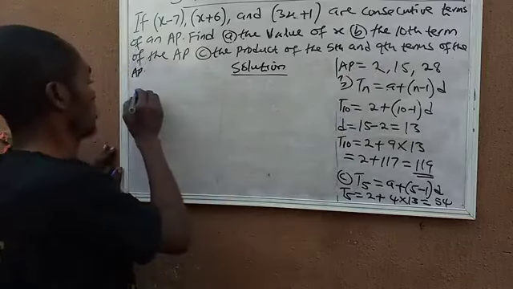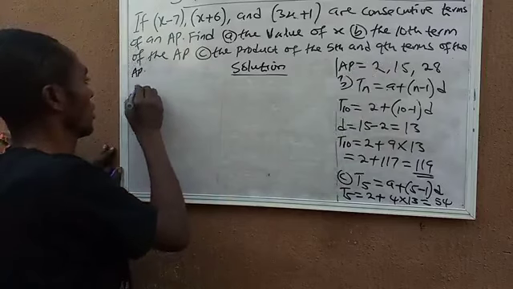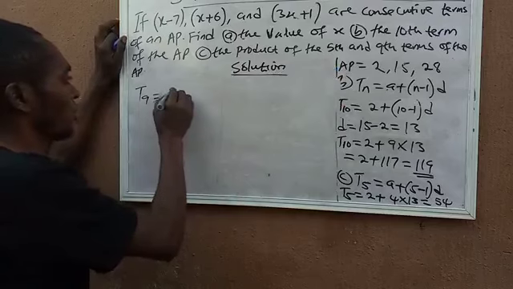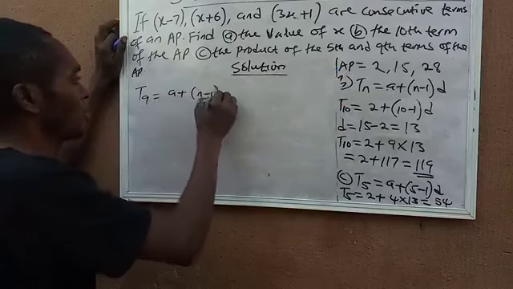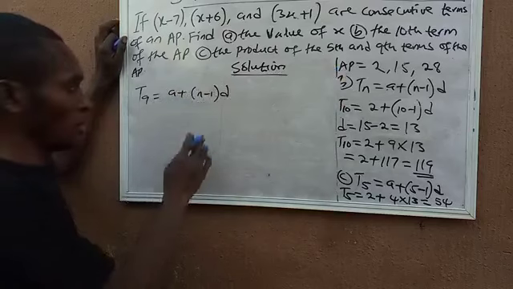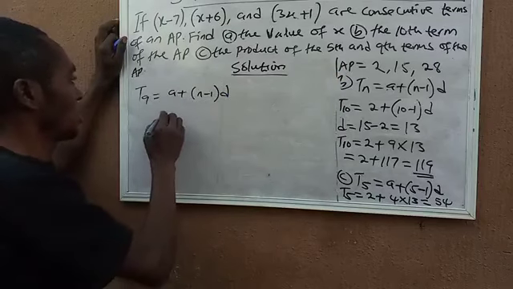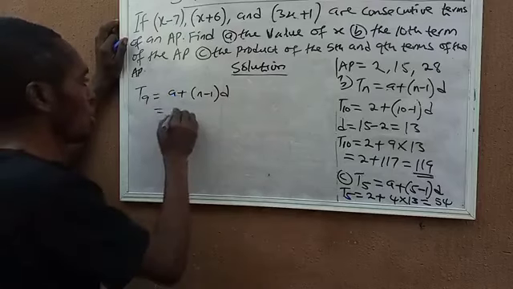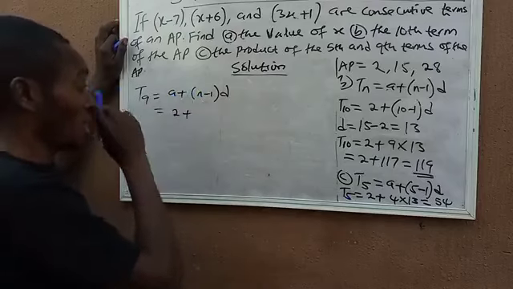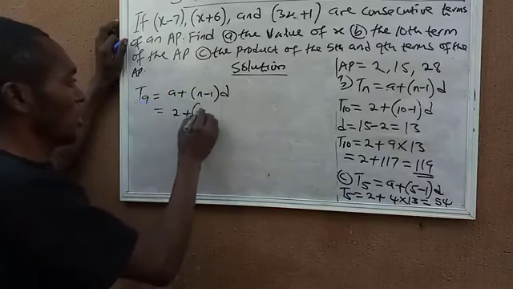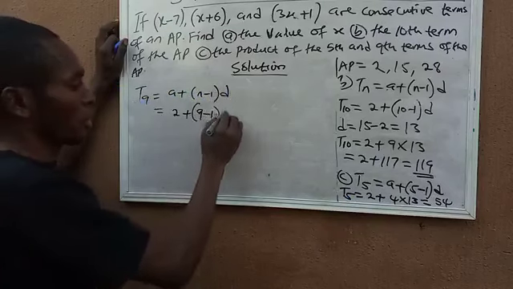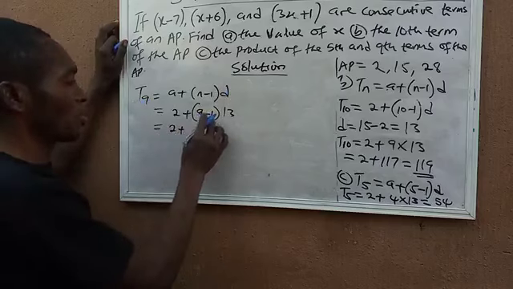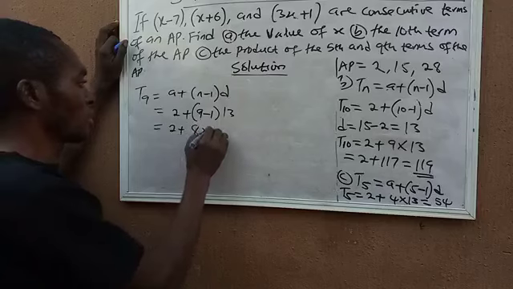T9 is the same thing as A plus, open and close bracket, n minus 1, multiplied by D. This is also the same thing as our A, which is 2, plus n, which is always this value here, 9 minus 1, then 13 is our common difference. So we have 2 plus 9 minus 1, 8, so we have 8 times 13.